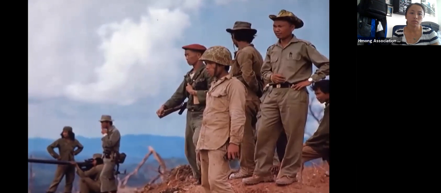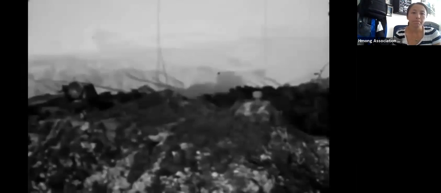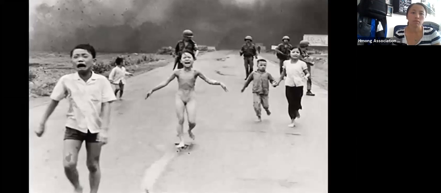Their main objectives were to first block the Ho Chi Minh Trail, which was the main supply route for the North Vietnamese, and engage the communist armies. Secondly, to rescue American pilots who had been shot down. And third, to defend the radar stations such as Pu Pa Thi.